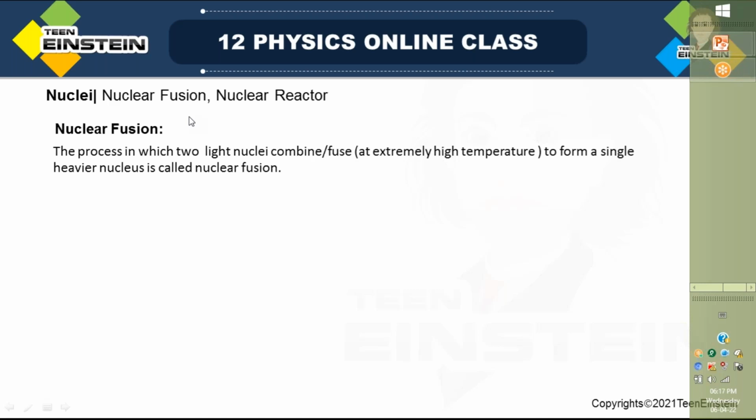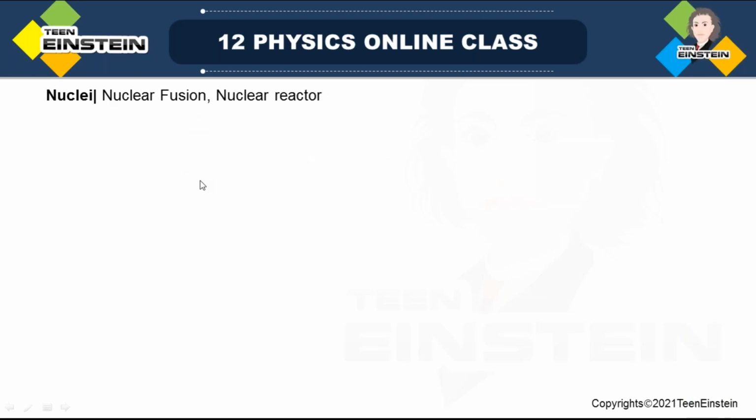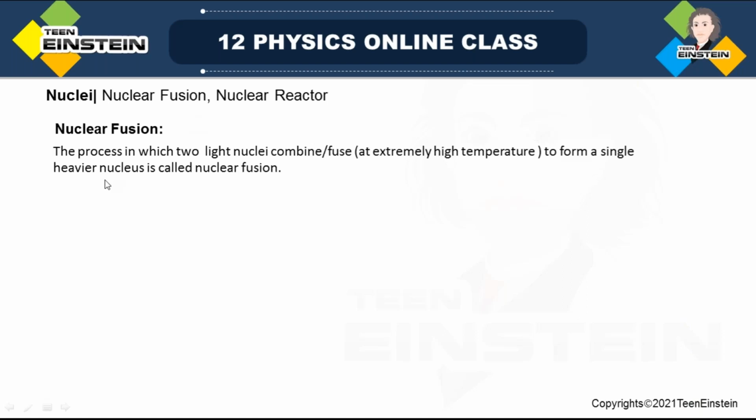So as we had discussed earlier, nuclear fusion reaction. What is nuclear fusion? It is the process in which two light nuclei combine or fuse to form a single heavier nucleus.